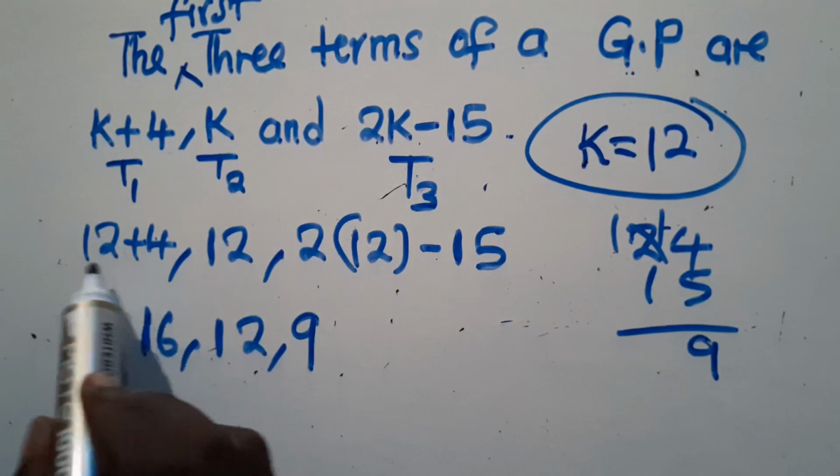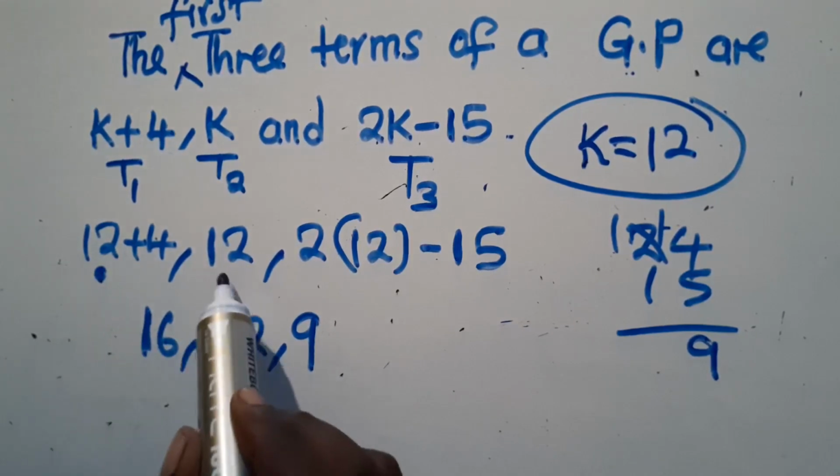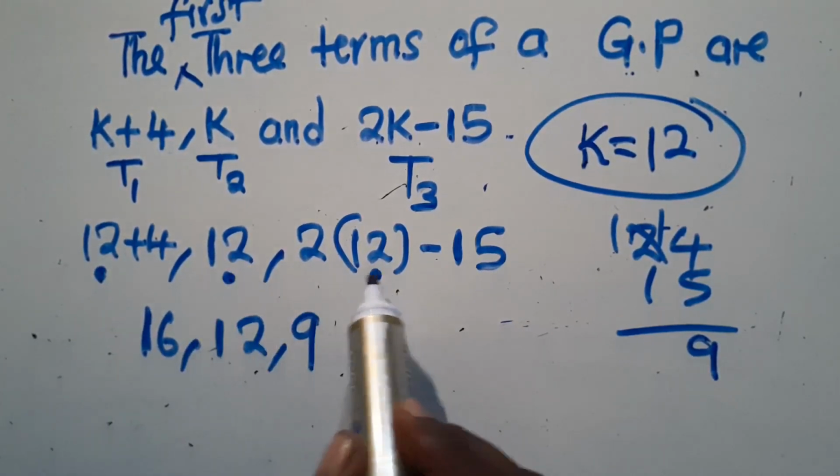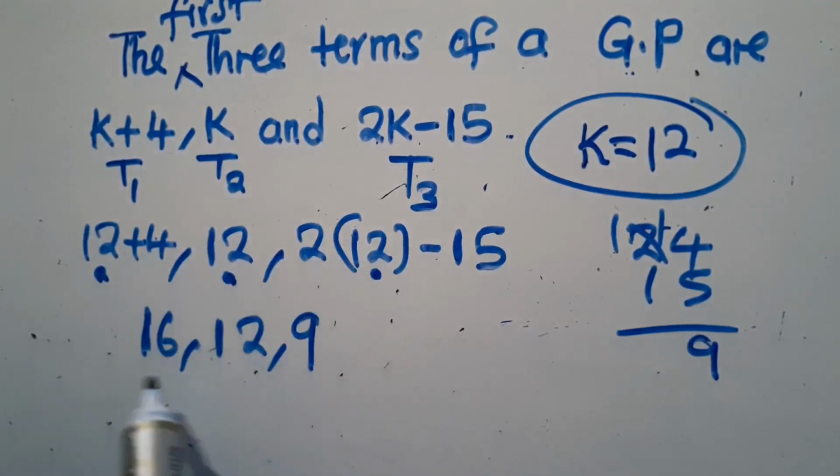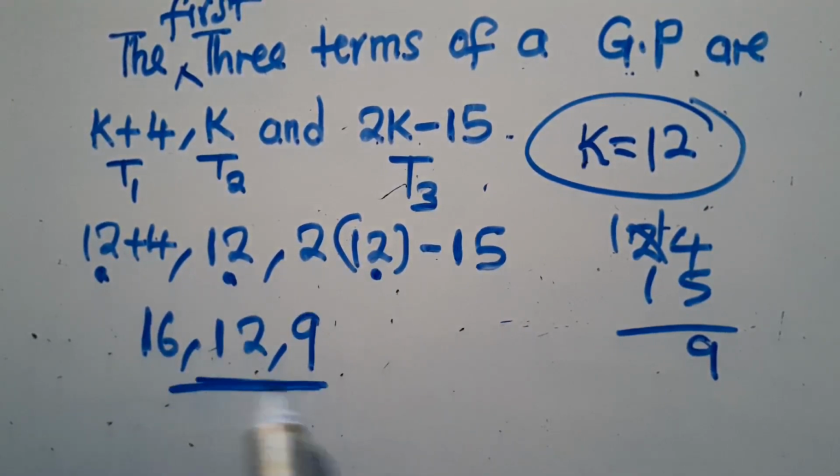Where there is k, just put a 12. First, second, third. These are the first 3 terms of a geometric progression which was given. This is what you need to know and understand. 16, 12, and 9. As simple as this.